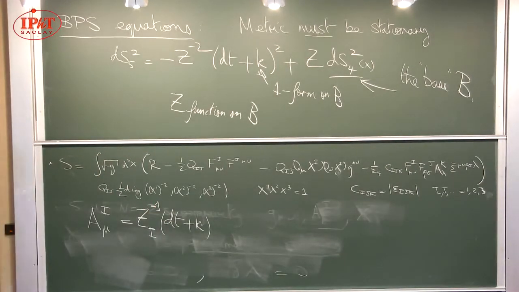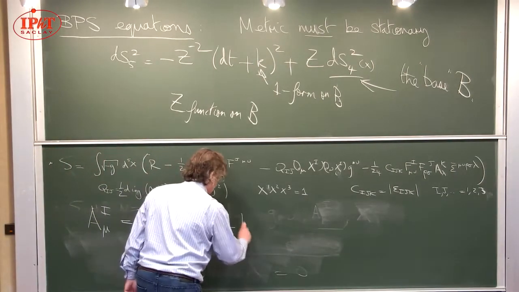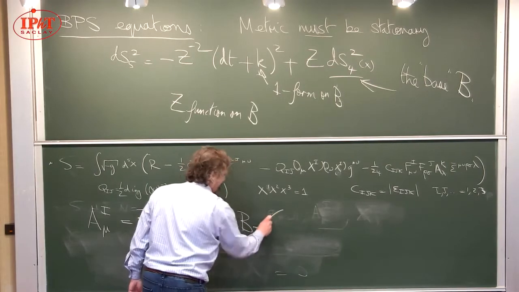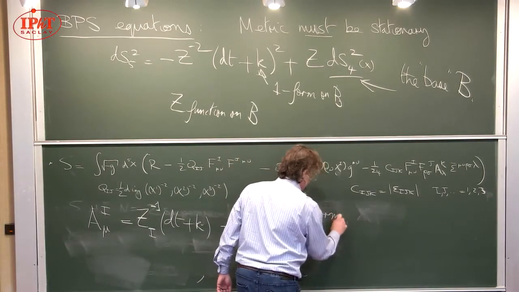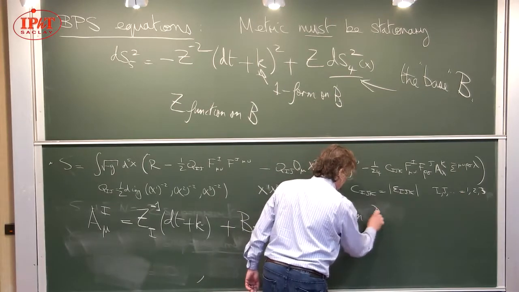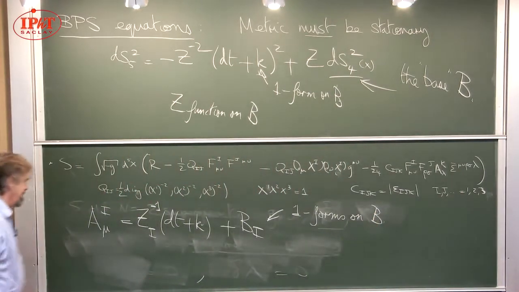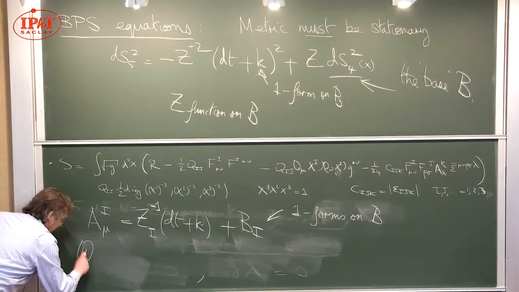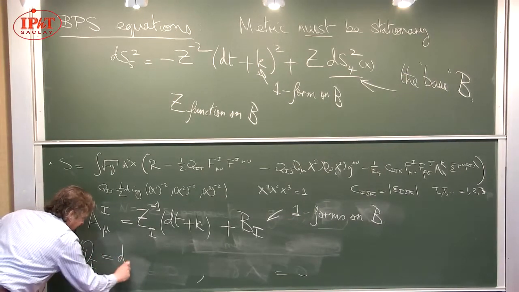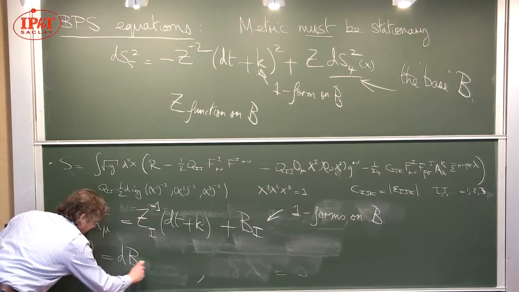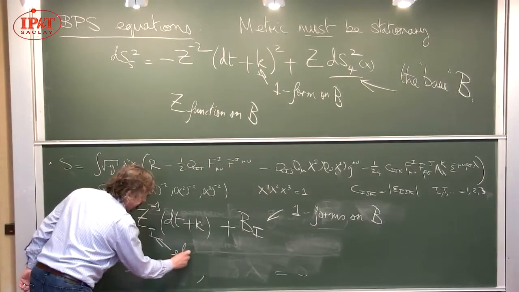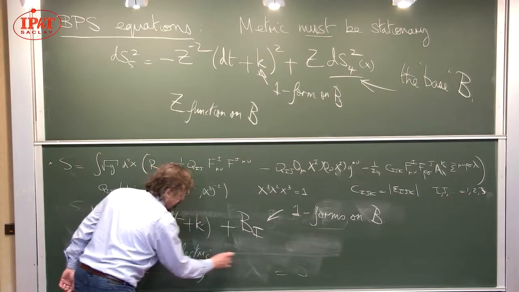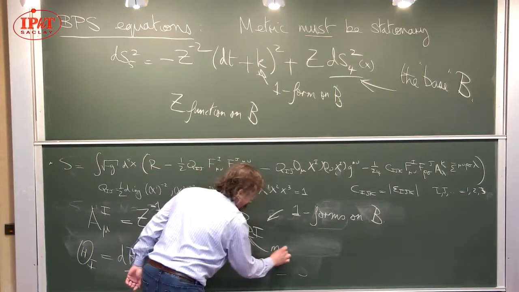Those are the electrostatic potentials. And then there can be Maxwell fields or one-forms on B, and by way of notation, we'll define Theta^I to be the exterior derivative of these B^I's. So you should think of this as basically the electric potentials, and this is the magnetic stuff.